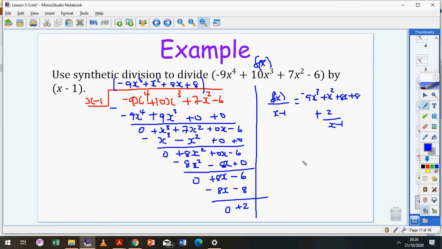So that's my expression. Let me write it better here: 9x cubed minus x squared plus 8x plus 8 plus 2 over x minus 1. So that's what I get when I divide this whole expression f of x by x minus 1.